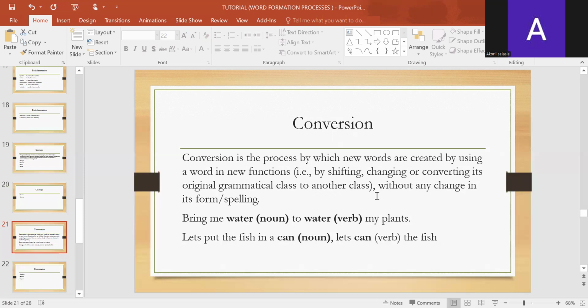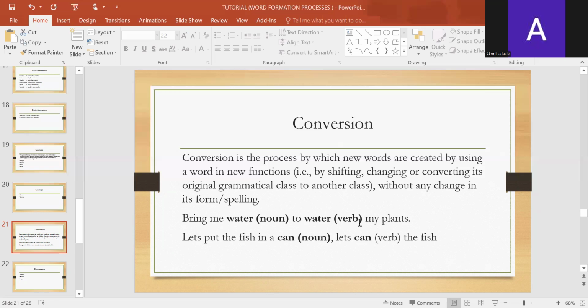What this simply means is a word is used as one part of speech, and that same word, without changing the form of the word, without changing the spelling, changing the shape, can be used as another part of speech. Bring me water to water my plants.